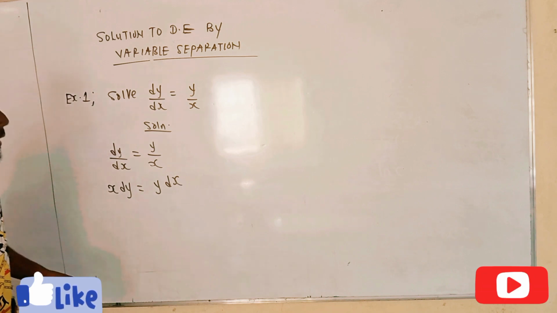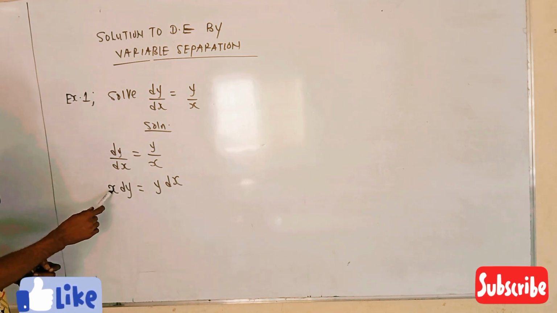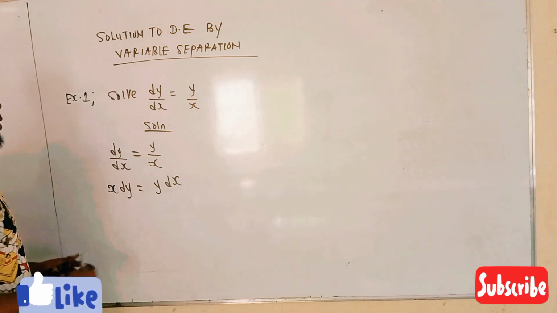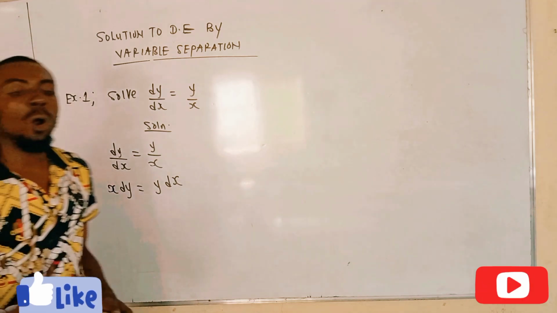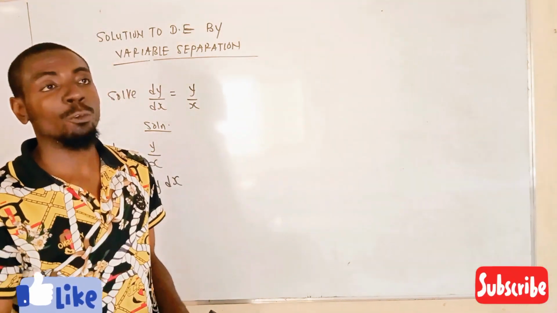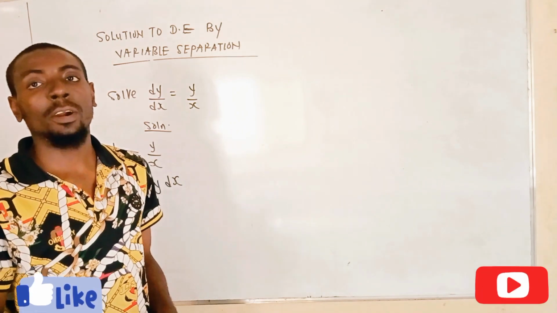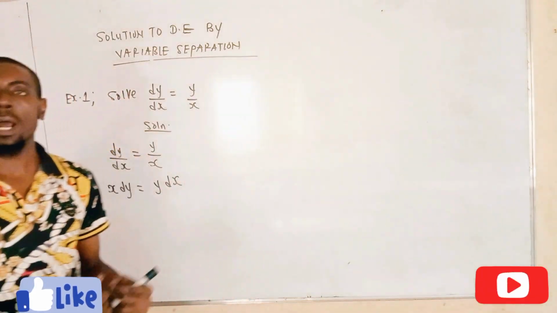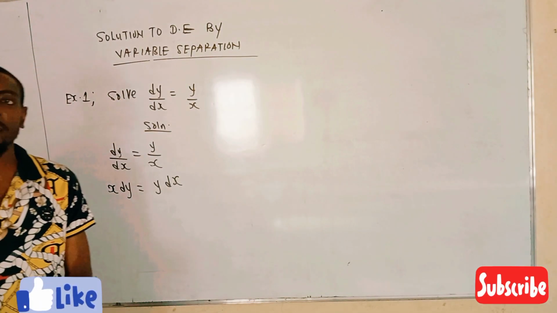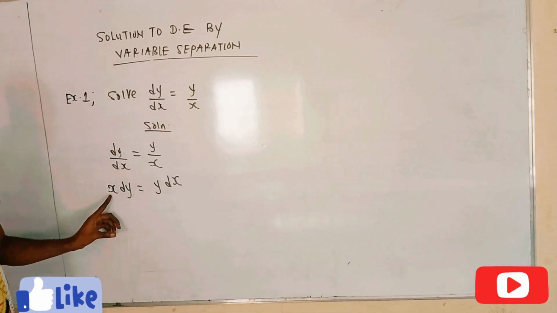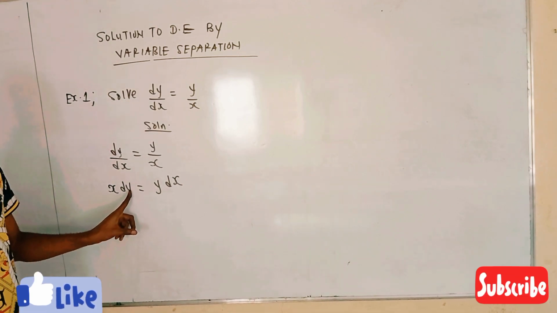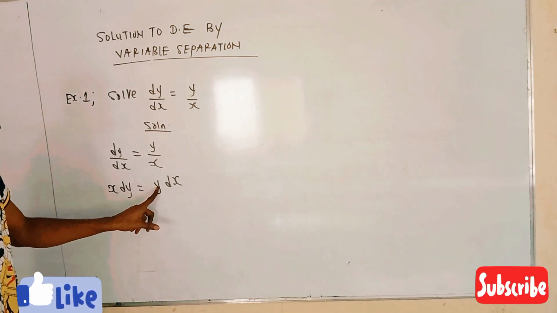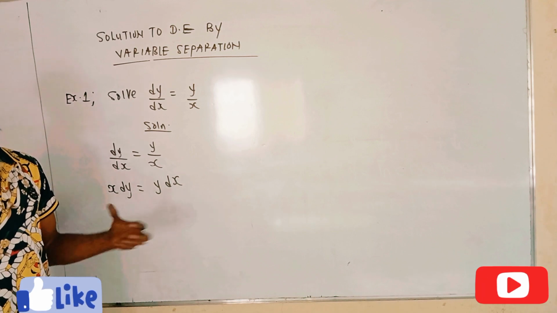Now we have x variable and y variable here, so they are not separated. I need to have all values of x, both the differential value of x and x function, together on the same side, and the differential value of y and the y function on the same side. But here we have x function with differential value of y, which is not proper, and here we have y function and differential value of x, which is not proper.